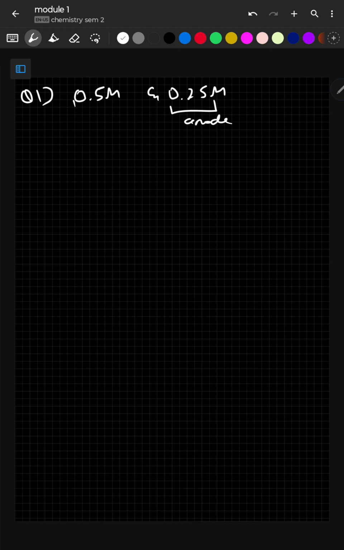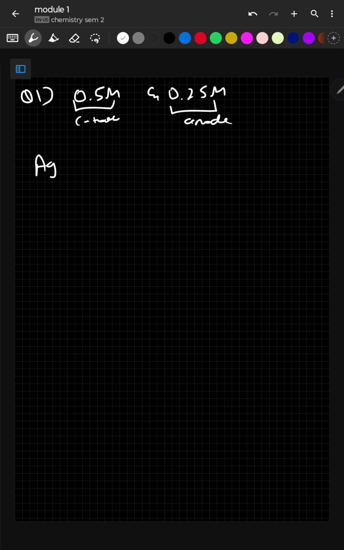A silver concentration cell consists of 0.5 molar and 0.25 molar salt solution. Write the cell representation, cell reaction and cell potential. By seeing this, you have to understand this is going to be the anode and this is going to be the cathode. It's silver, so Ag.